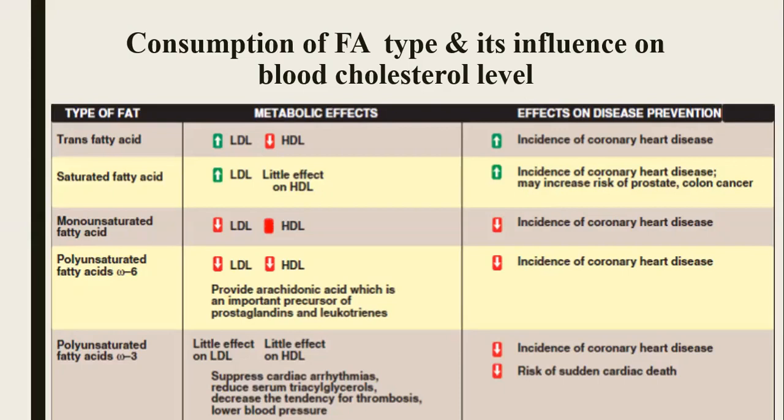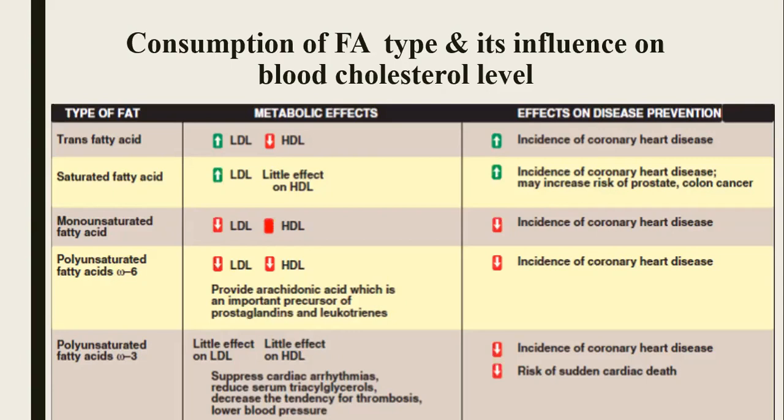Because these omega-3 fatty acids suppress cardiac arrhythmias. They decrease serum triglyceride level. They decrease tendency of thrombosis. They decrease blood pressure, and thus they decrease the risk of coronary artery disease.